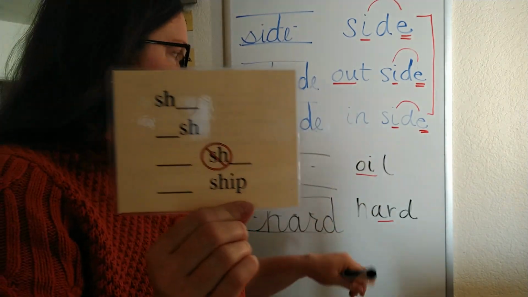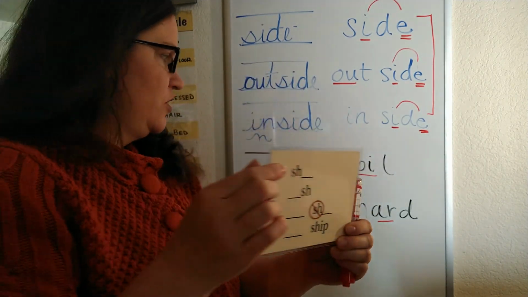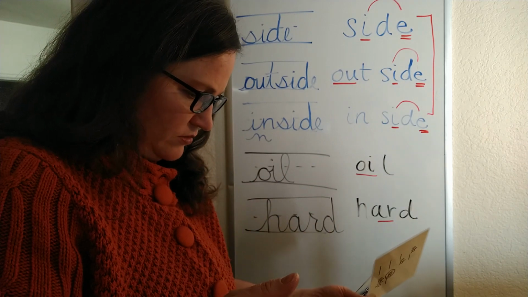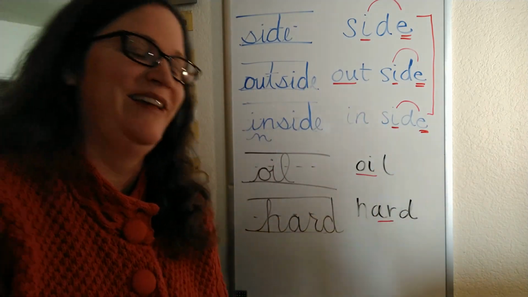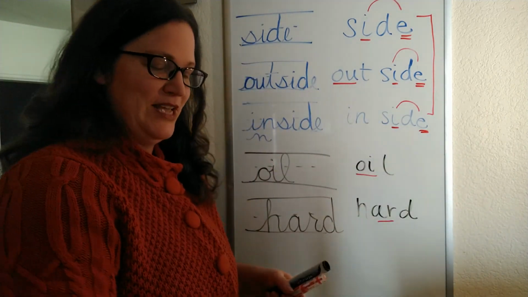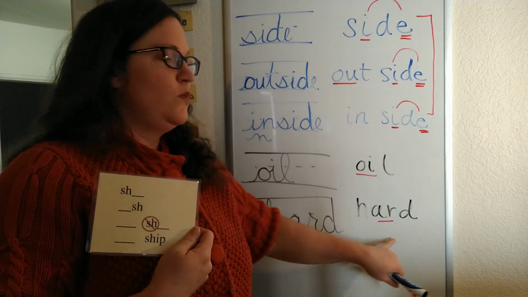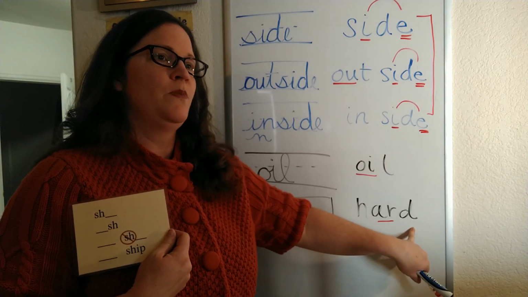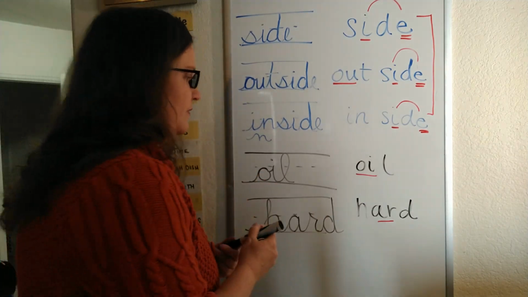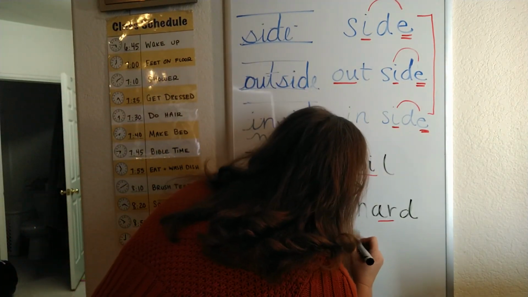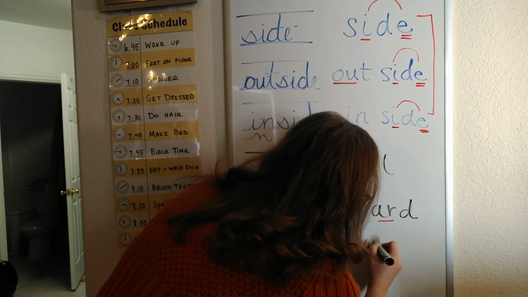Okay, so this time we've got hard. Wait, why am I doing the sh sound? Oh, because I'm adding ship to it. It's like I'm not following myself. So if I was going to follow my sh rule, what word could I turn hard into? Hardship. Hardship. What is a hardship? Something that's hard.